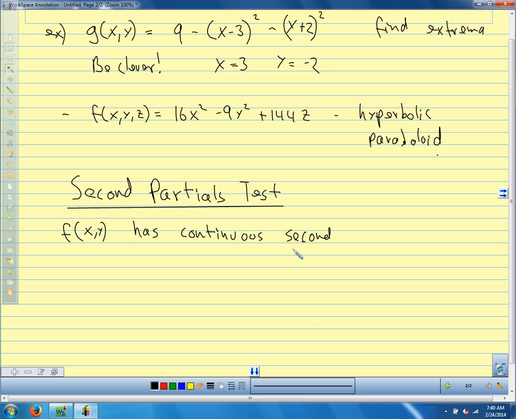So we want our function to be well behaved, with continuous second partials somewhere around the point that we're interested in. It doesn't have to be continuous everywhere, but around where we're interested.